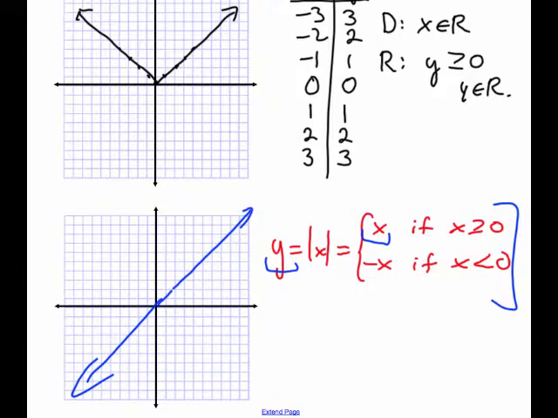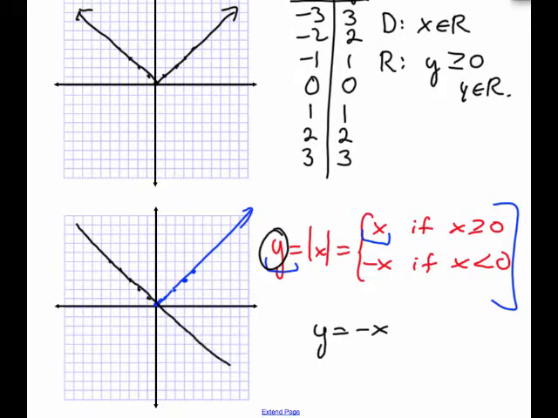and onwards. So I'm going to take away everything on the left. Okay, I want just this piece of the graph. Make sure my points are accurate here: 1, 1, 2, 2, 3, 3. Okay, the other piece of the graph is y equals negative x, which we know on its own looks like all along here.